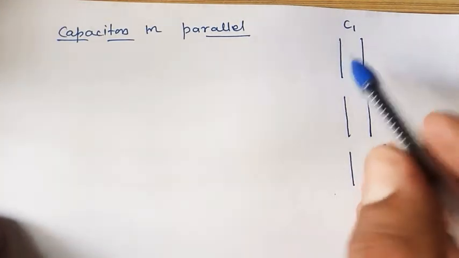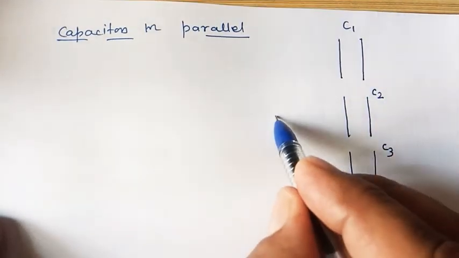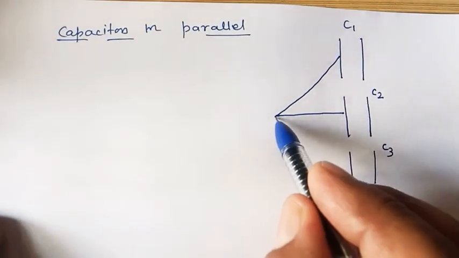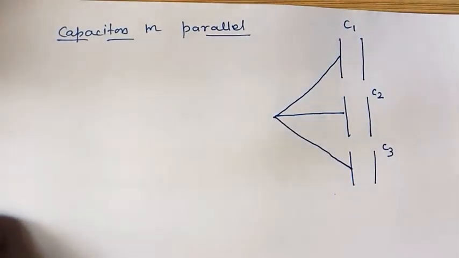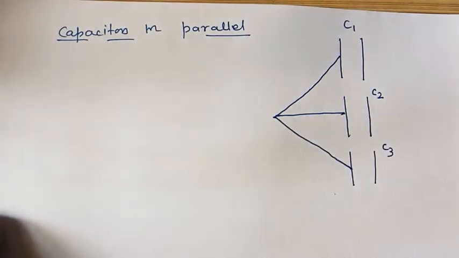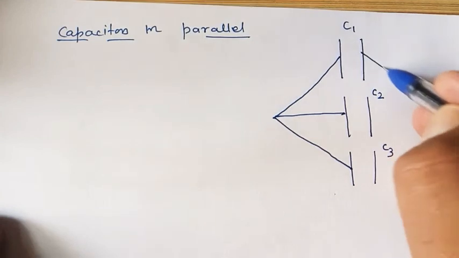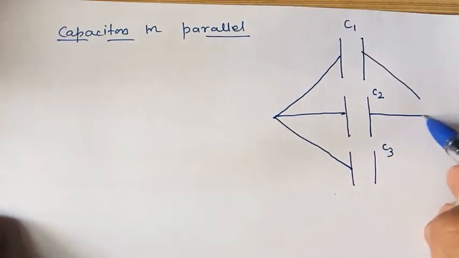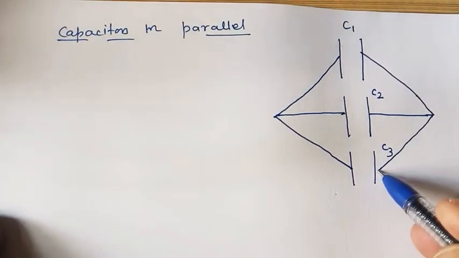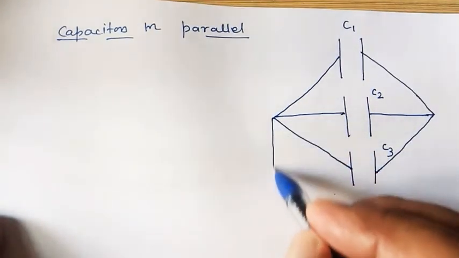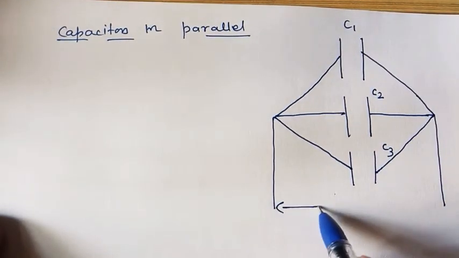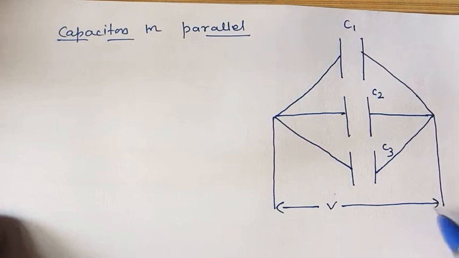Now what you have to do is join all these plates to the source of EMF, that is the battery. All the capacitors are connected to the battery independently, like this. Let the potential difference applied be V.